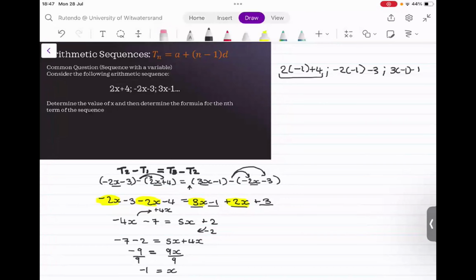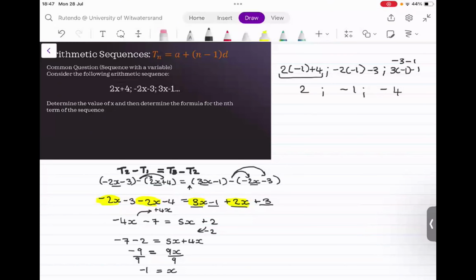So I'll get minus 2 plus 4, which is 2. Then I have minus 2 multiplied by minus 1, so that will give me a positive 2. Minus 3 will give me minus 1. And then I'll have 3 multiplied by negative 1, so minus 3 minus 1, then it gives me minus 4.